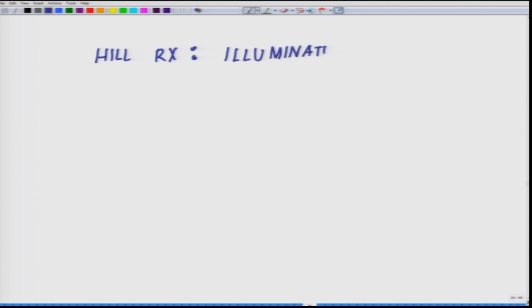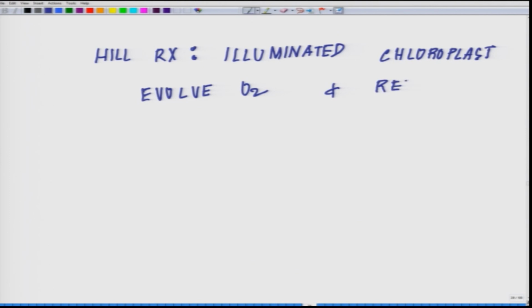Illuminated chloroplast evolve oxygen and reduce electron acceptor.